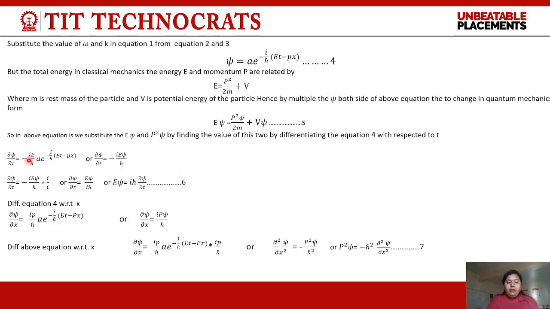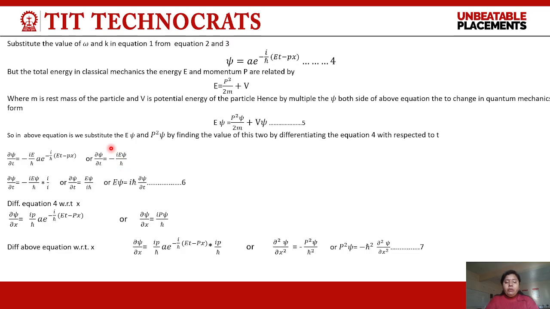In a similar manner, if I differentiate this equation, I get minus i E by h cut times A e raised to power minus i by h cut (Et minus px). And you see here, e raised to power minus i by h cut (Et minus px) is behaving like psi, so I replace this factor by psi. So now del psi by del t is equal to minus i E psi by h cut.